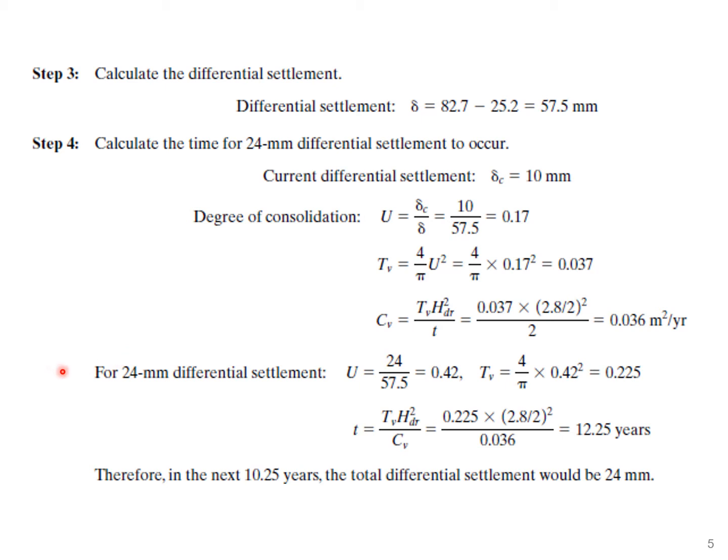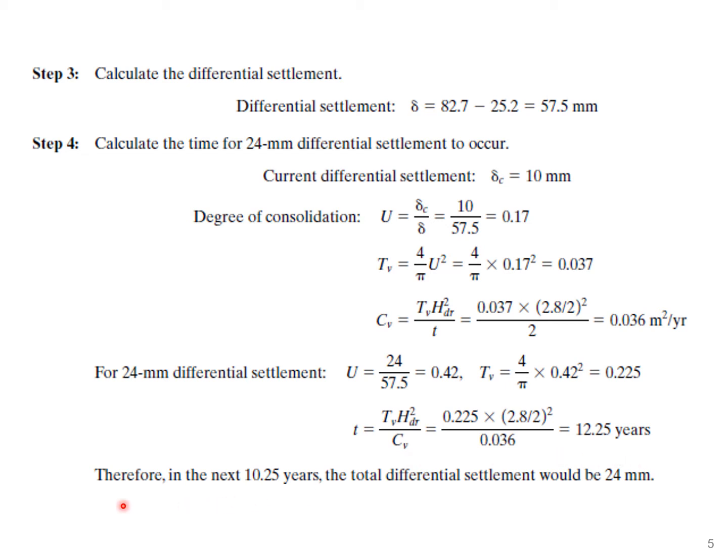Now for 24 millimeter differential settlement, obviously the degree of consolidation would be 24 over 57.5, that is 0.42, and then you can calculate the time factor by using this approach, and that is 0.225, and then the time you can calculate by using this formula, and that is 12.25 years.